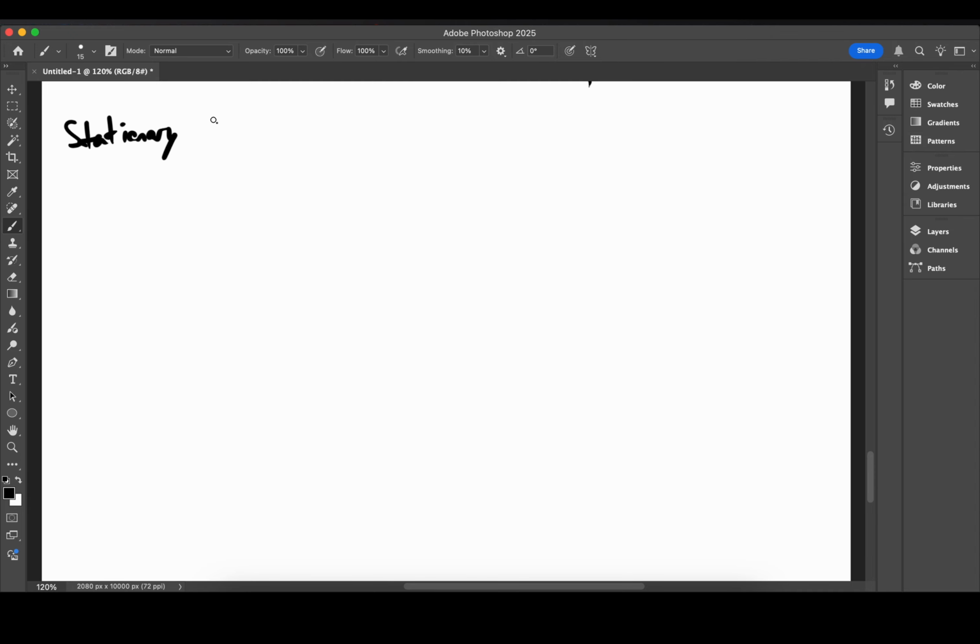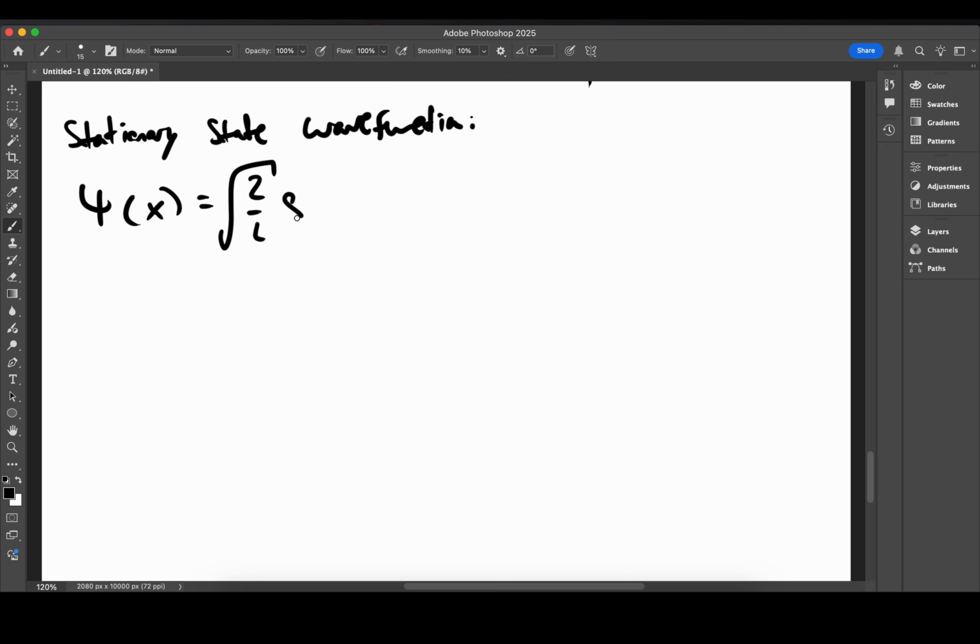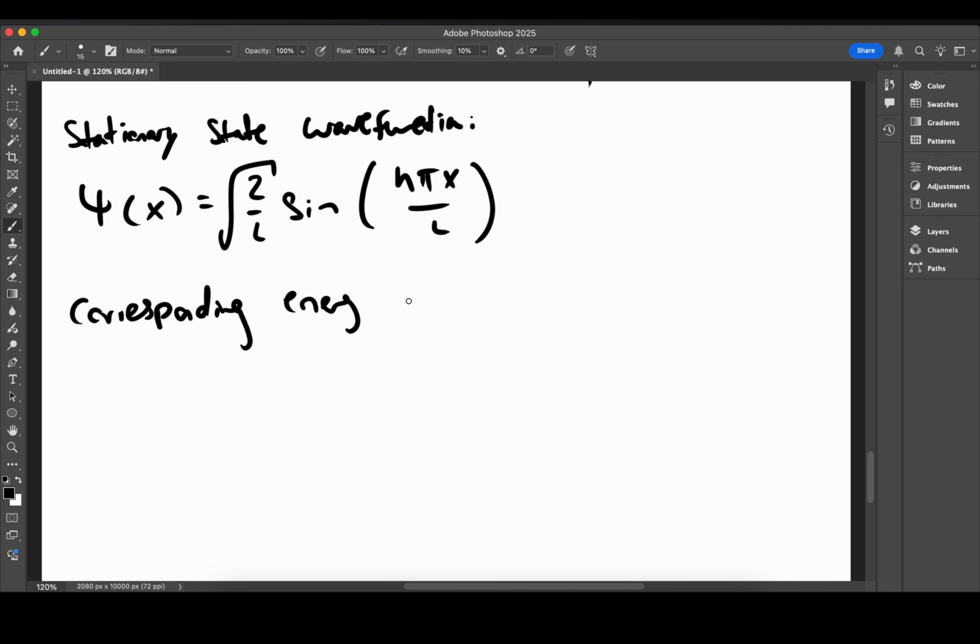Stationary state wave function. We found that this was just psi of x. We're taking x to be a real valued number, and this is just root 2 over L times the sine of n pi x over L. Very nice. We want the corresponding energy eigenvalues.